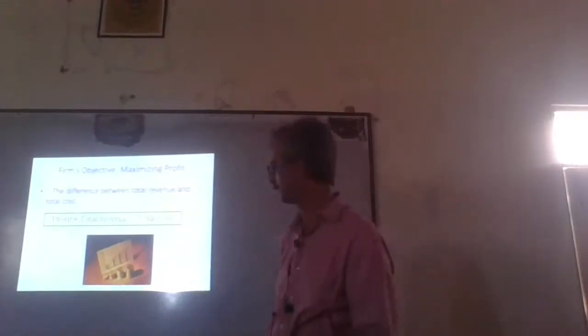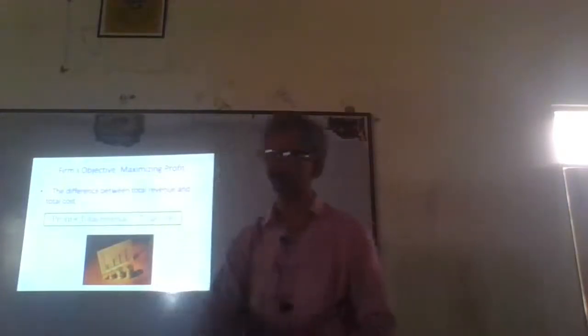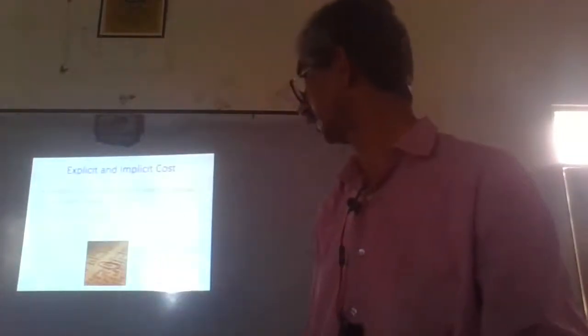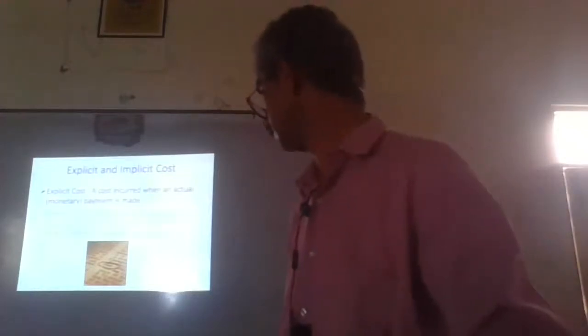We have to subtract the expenditure, or the total cost incurred on production. If something positive remains, the firm earns a profit, and if nothing remains, then the firm suffers losses.